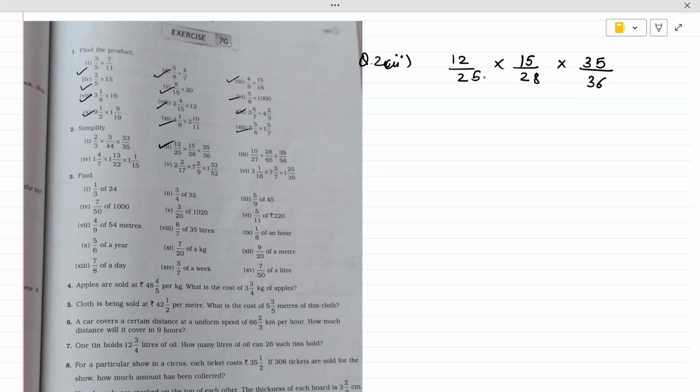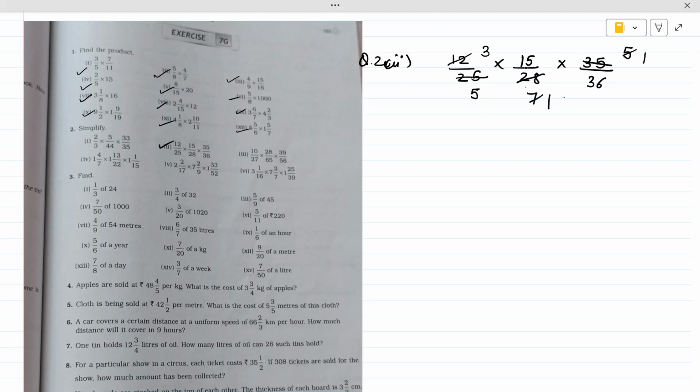Okay, if you see here, 12 and 28, both of them are multiples of 4. So 4 into 3 is 12, 4 into 7 is 28, right? Similarly 7 into 1 and 7 into 5 here, right? Also 5 into 1 and 5 into 5 here, right?